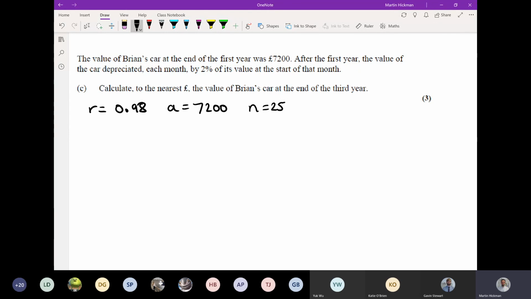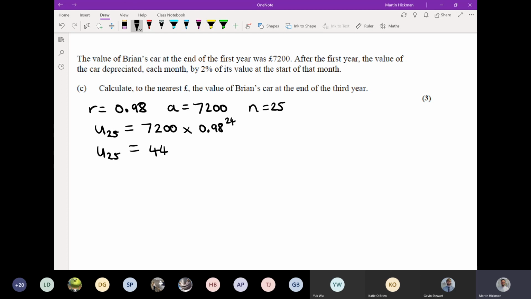So the 25th term is what I'm trying to find, because that's at the end of the third year. a is 7,200 times 0.98 to the power of n minus 1, so that's 24. Again, you can think of n as 25, but if you also think of there being 24 compounding, depreciation periods, then you could just think of that n as 24 anyway. Whichever way makes most sense to you.